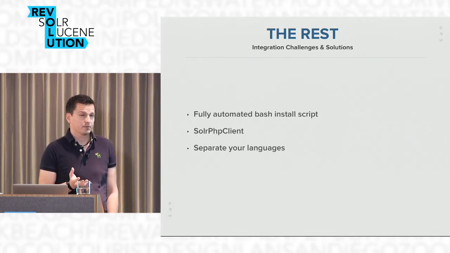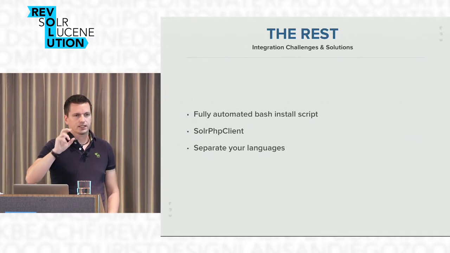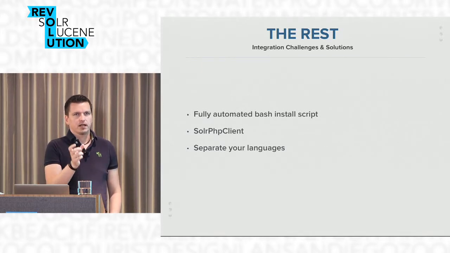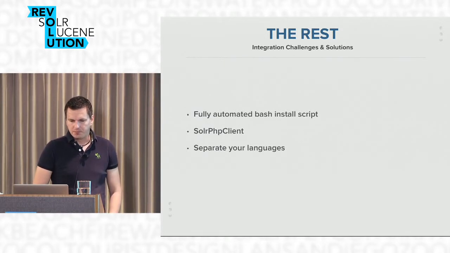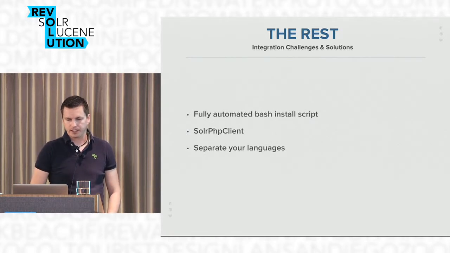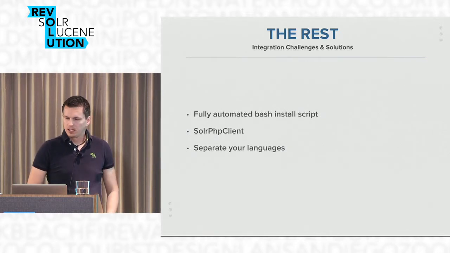Magento uses that, for example, where you have German fields and English fields and French fields all in one index, and you just add a _DE for German fields to the field name, something like that. But personally, I prefer the way to just separate languages by index or by core, and then you just switch the core depending on what language you're on. I think that's easier to do.